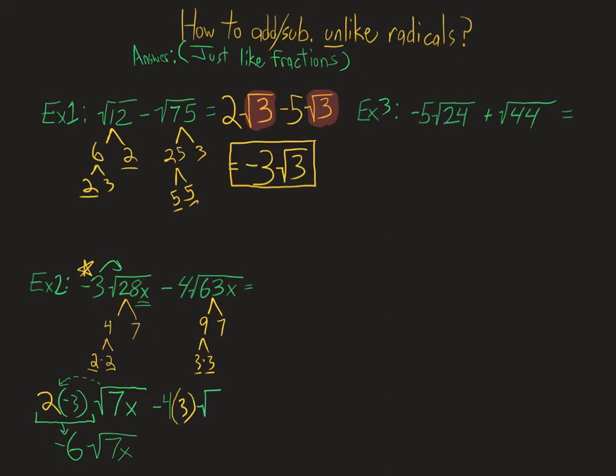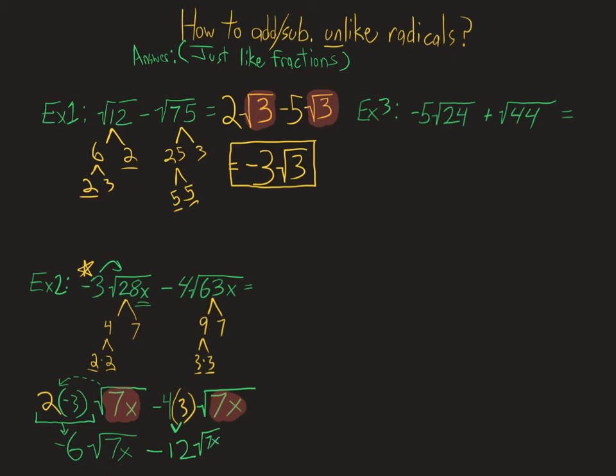And what's left underneath, we've got the 7 that couldn't come out, and we've got the x. So a couple of things to notice. They're like now. We are able to finish combining these guys in this problem. And then the other thing, don't forget, put these together. Those two coefficients now, they multiply together, so it's actually a negative 12.